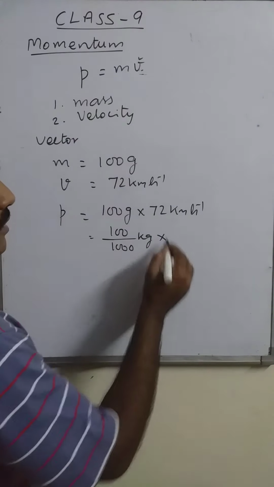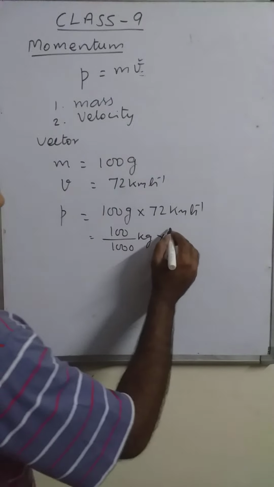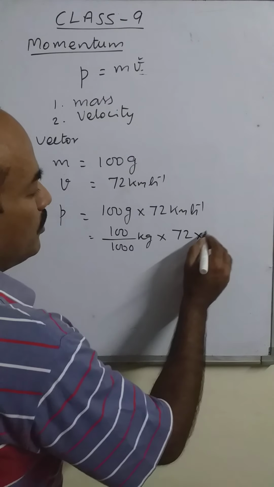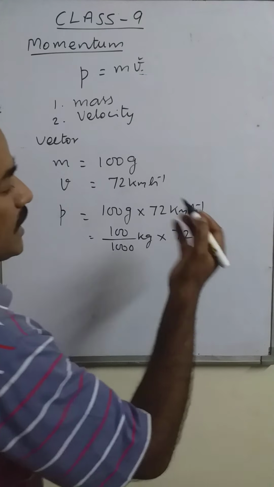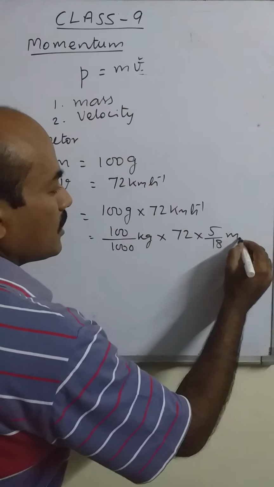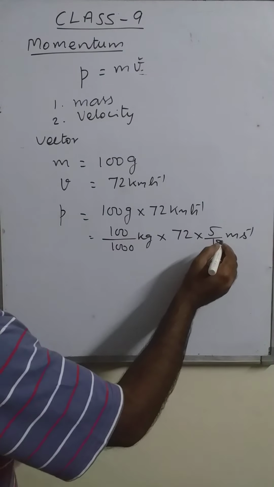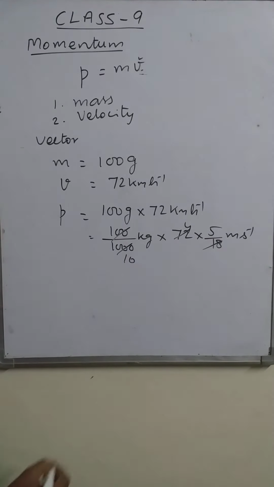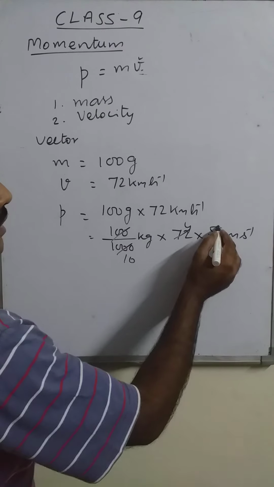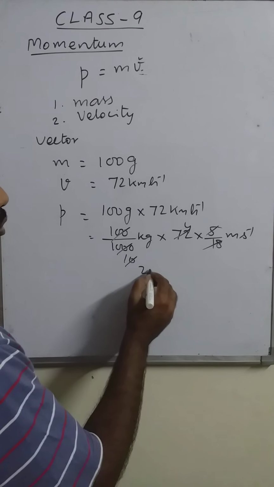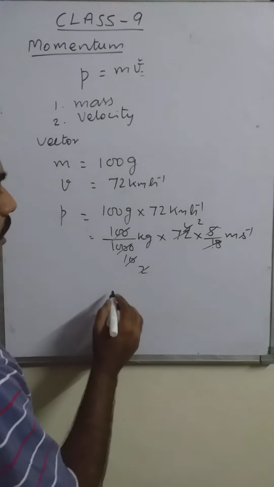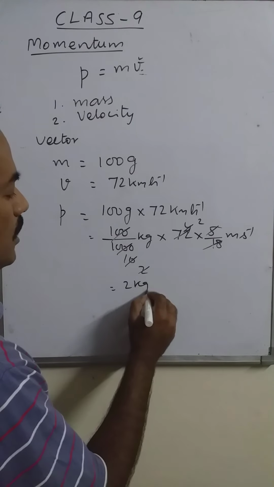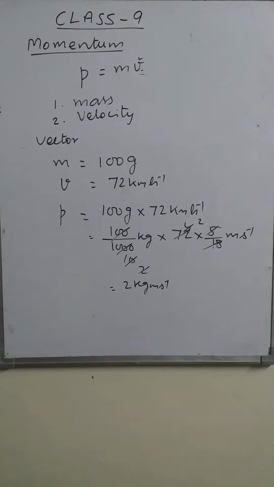Then the velocity is changed into meter per second, so that is 72 into 5 by 18. Now it can be solved: 0.1 into 20, which is 2 kg meter per second. This is the momentum of this object.